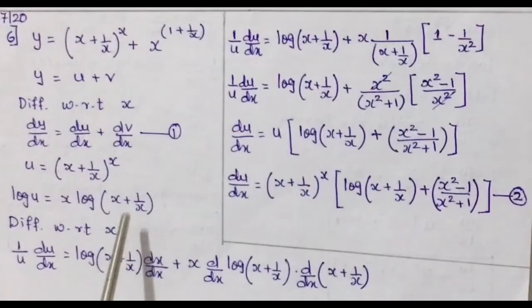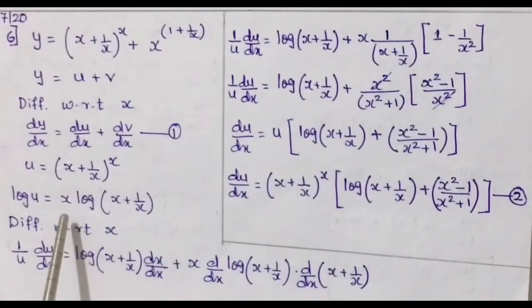Keeping log (x plus 1 by x) as it is, differentiating x, dx by dx, plus keeping x as it is, differentiating log. So we have to make use of the chain rule here. So x d by dx of log (x plus 1 by x) into d by dx of (x plus 1 by x).